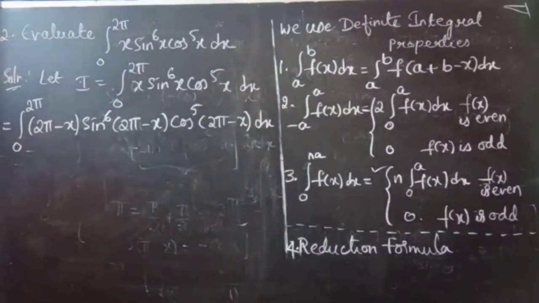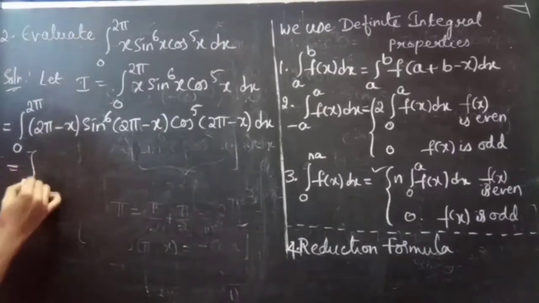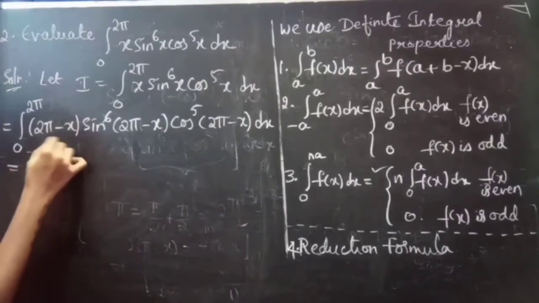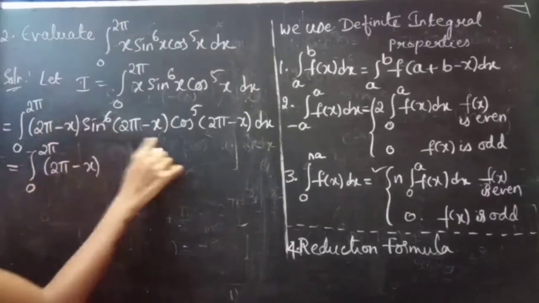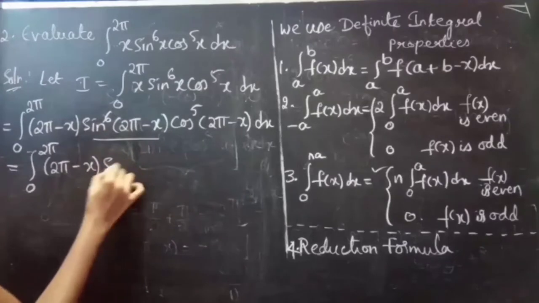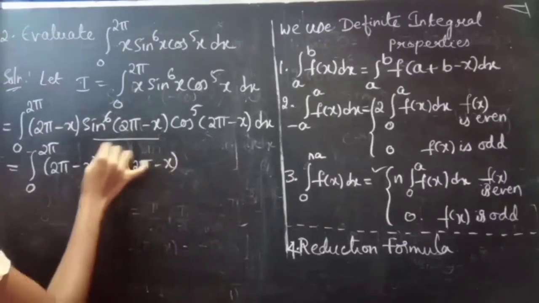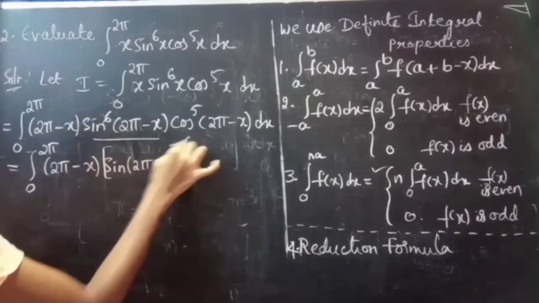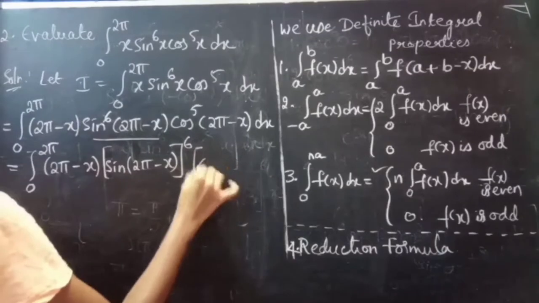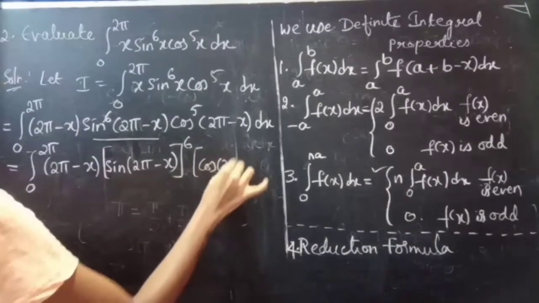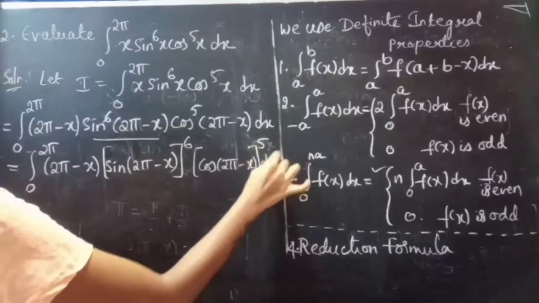Okay. This can be written as the integral from 0 to 2 pi of 2 pi minus x into sine of 2 pi minus x whole power 6 into cos of 2 pi minus x whole power 5 dx.